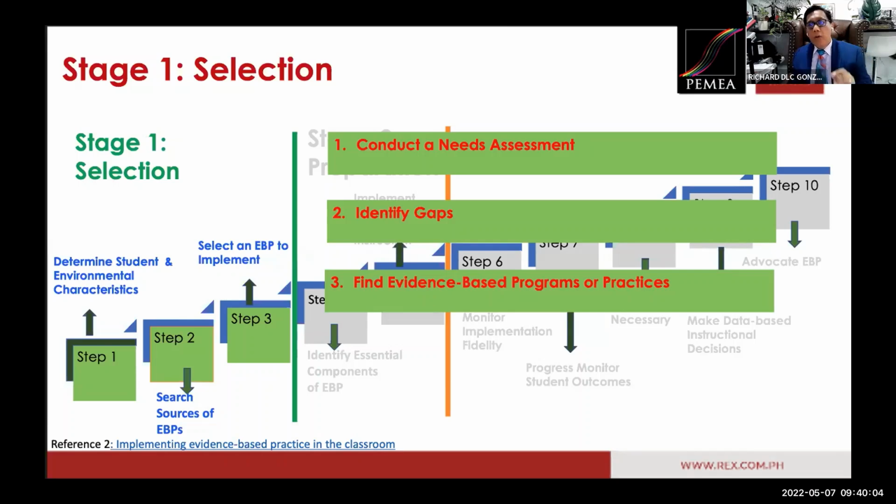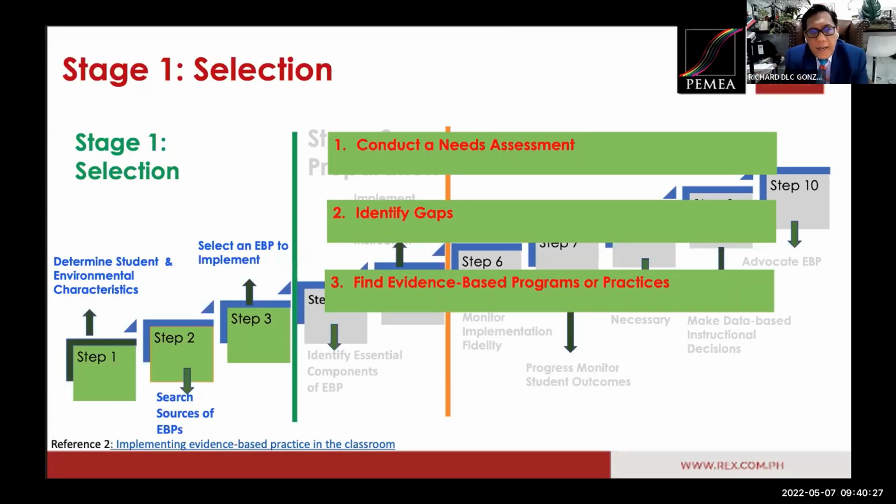If you are considering a program or practice that has not been used and tested with your specific group of students, it is necessary that you do a literature search. You need literature to find out if there is evidence of use similar to your group of students.